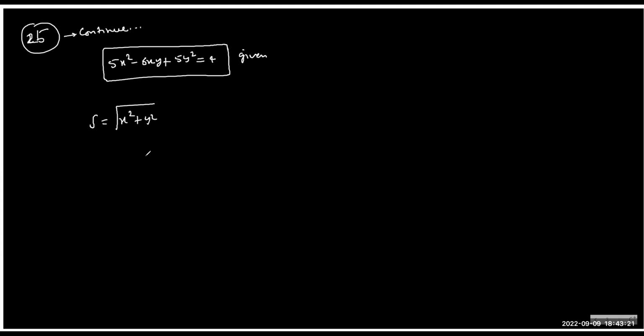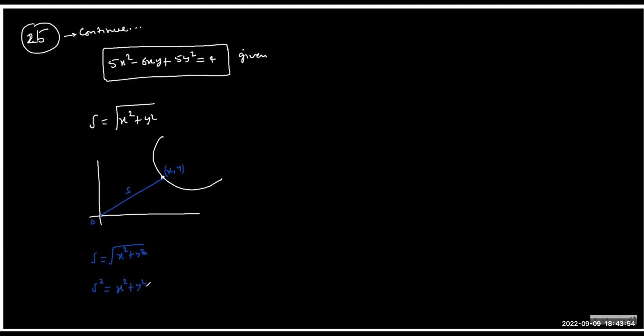If there is some random curve and a random point, what is the minimum distance? What is the distance formula from origin to the point? Let's say the point is (x, y). The distance of a point from origin is the square root of x square plus y square. Correct?